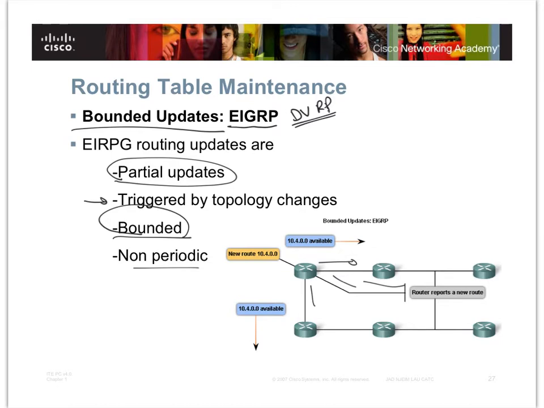I will collect the information about this route only, so not all the routing table entries in that case. And then I will send it right away. I will not wait for the time interval to pass before I send the route update. I will send a triggered update, and I will send it only to the neighbors that are affected by this information. For example, I will send it here and here, but not here.